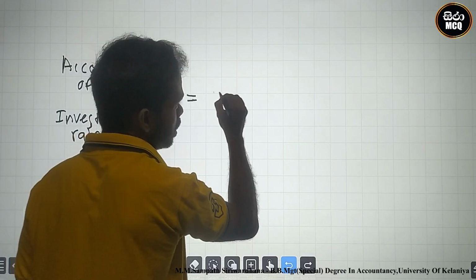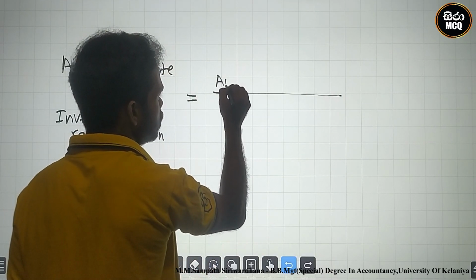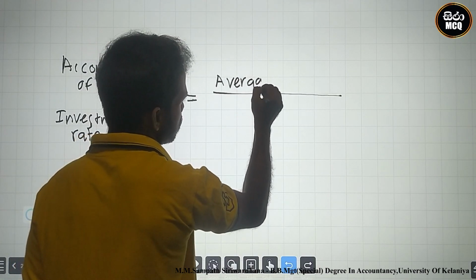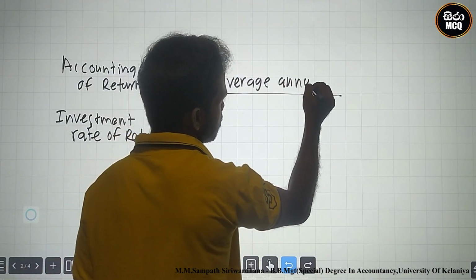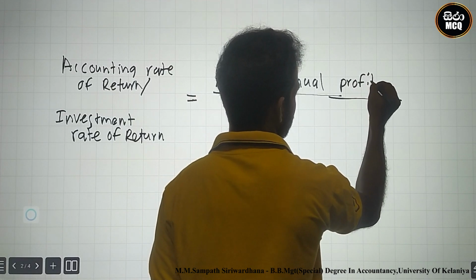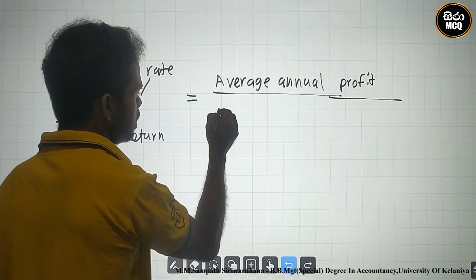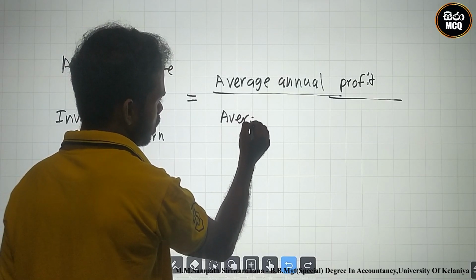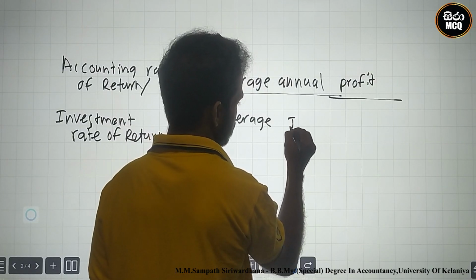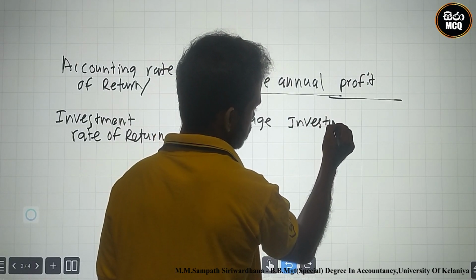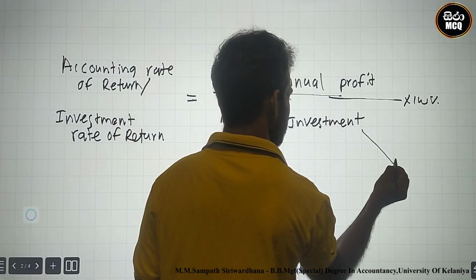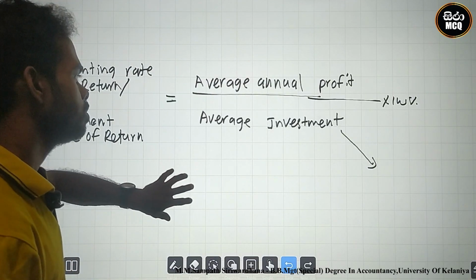Firstly we identify the average annual profit. We divide the average annual profit by the average investment and multiply by 100. How can we calculate the average investment?